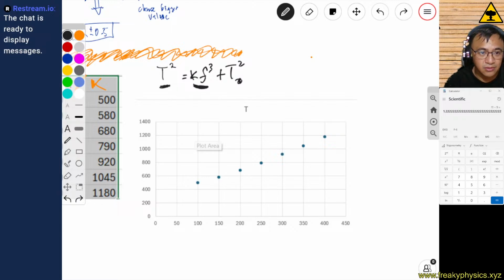Give me a moment to put these values in here, and I'm also gonna graph this right here. Where's the chart again? Scatter plot. Oops, why did I do that? Undo. Should be this. Insert scatter plot.